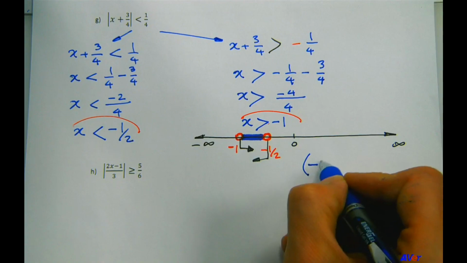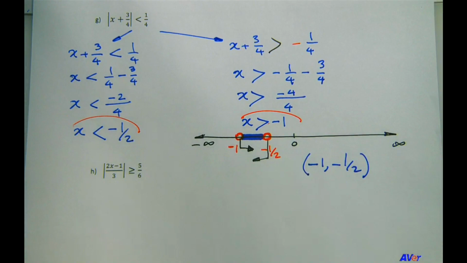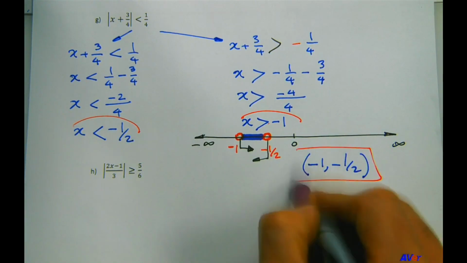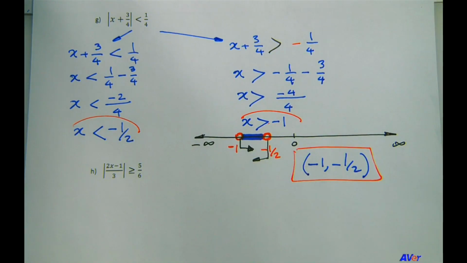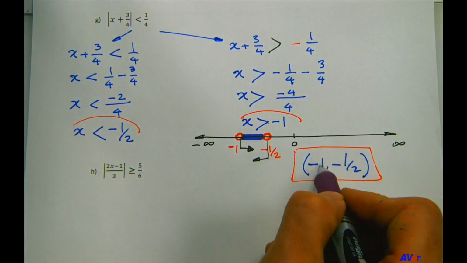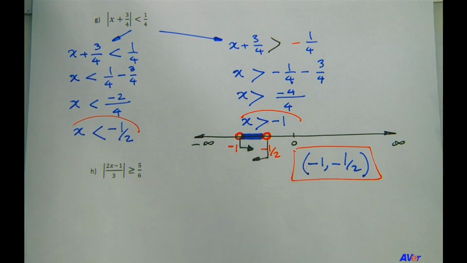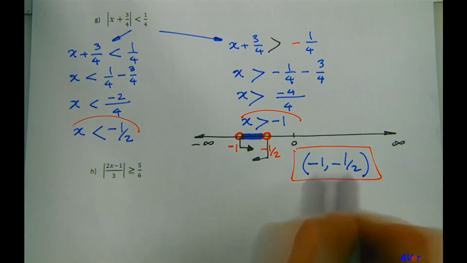So negative 1, comma, negative 1/2. And that's the interval notation, using parentheses, not brackets, to ensure that negative 1 and negative 1/2 are excluded from the solution, and any number between them is included. And there are, of course, infinitely many numbers between those two.